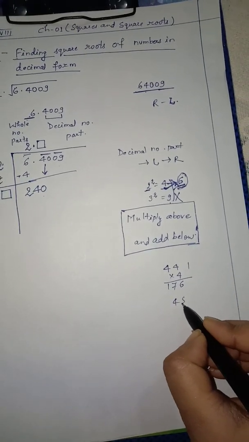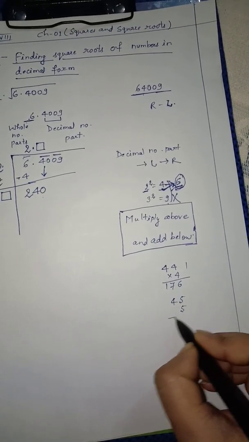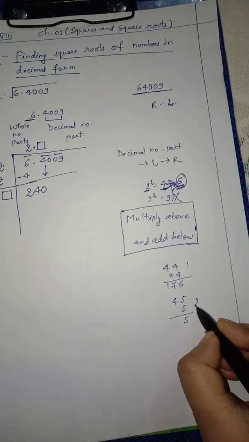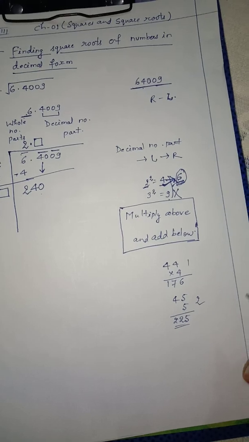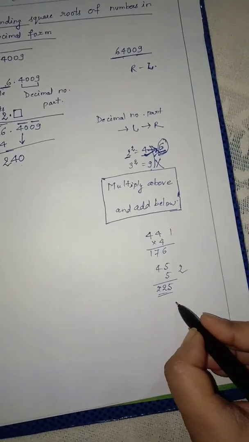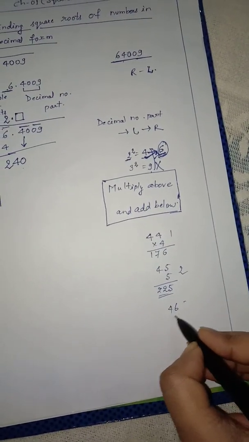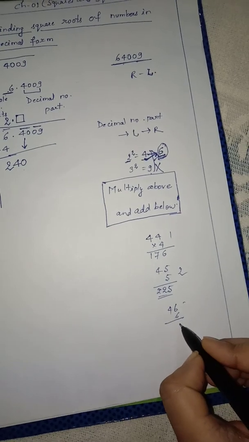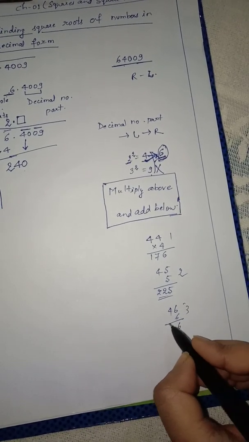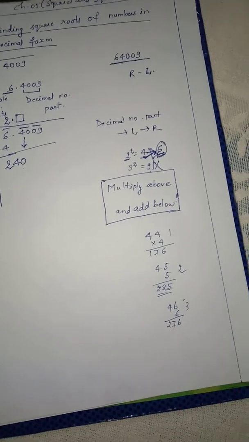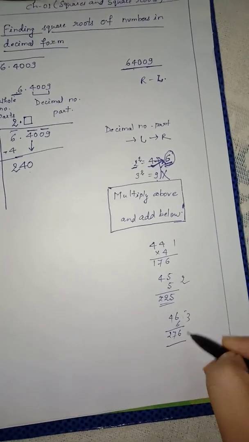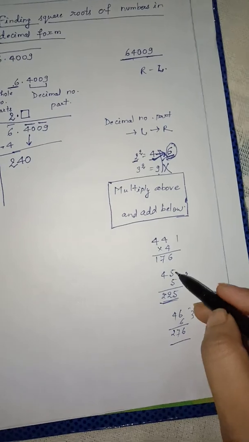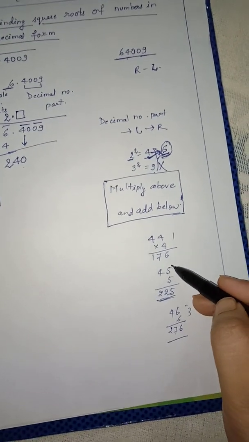Next, 45 times 5. This is 225. And if we set 46 times 6, it is 276. Now this is 276 and 225. Which digit will we set here?